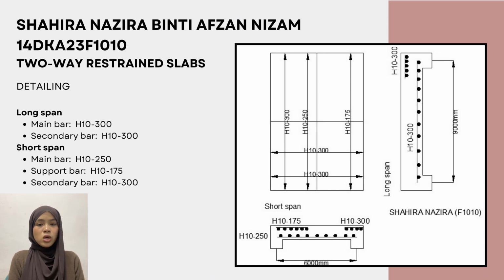For the short span, main reinforcement 10 mm bar at 250 mm spacing, and the support reinforcement is 10 mm bar at 175 mm spacing. So for the secondary reinforcement, 10 mm at 300 mm spacing.